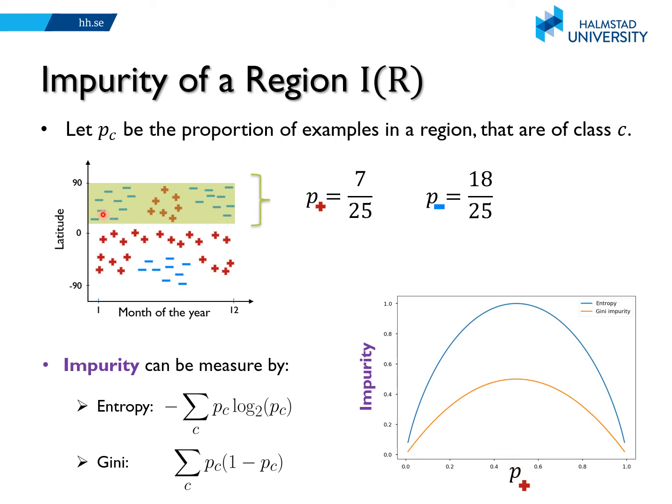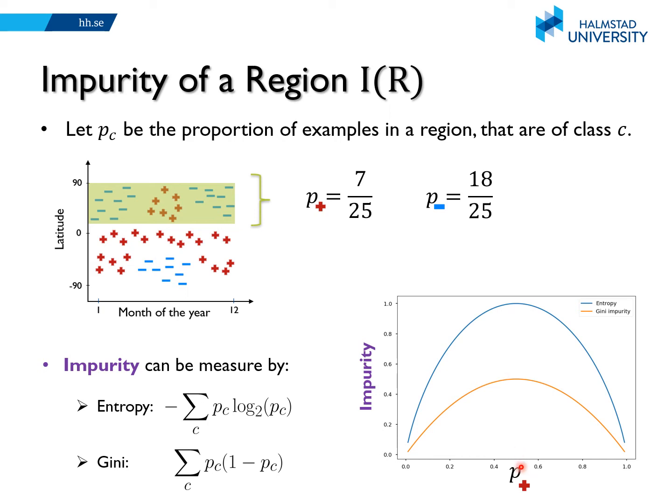So for example, if we are at this region and half of the examples in this region belong to the positive class, then the other half belongs to the negative class. And in this case, this is a very impure region because 50% of the examples belong to the positive class and 50% belong to the negative class. So that's why the entropy as well as the Gini index give very high values.